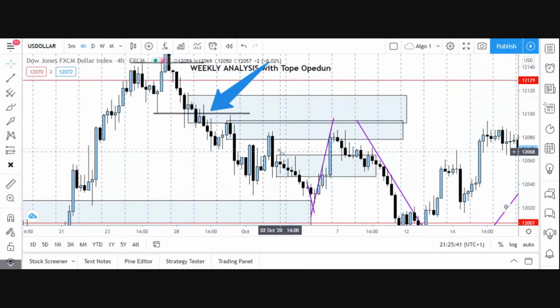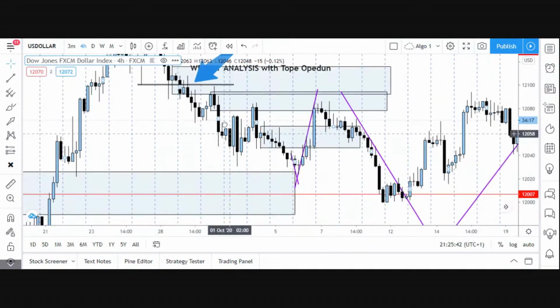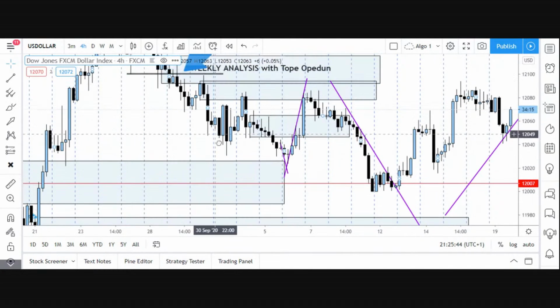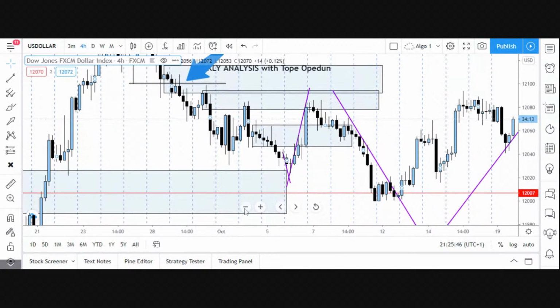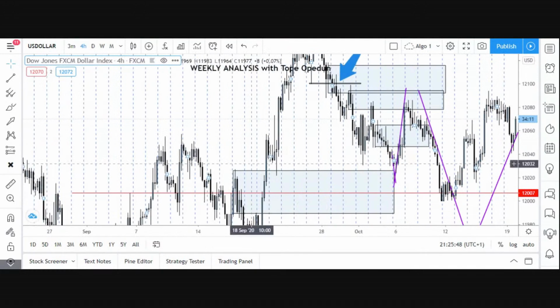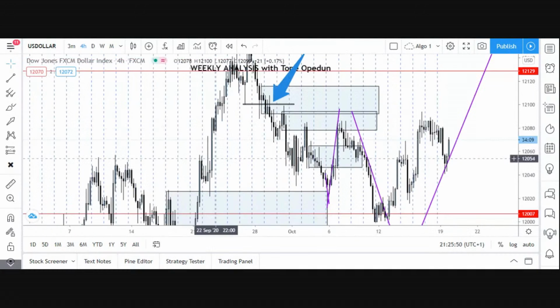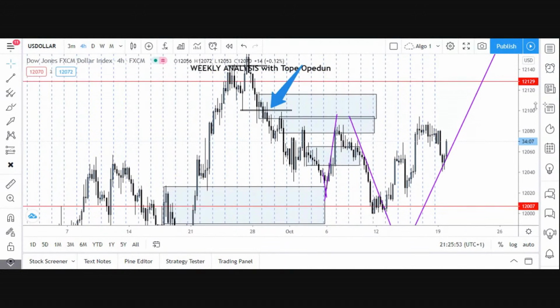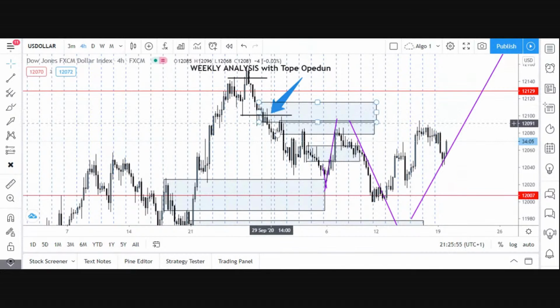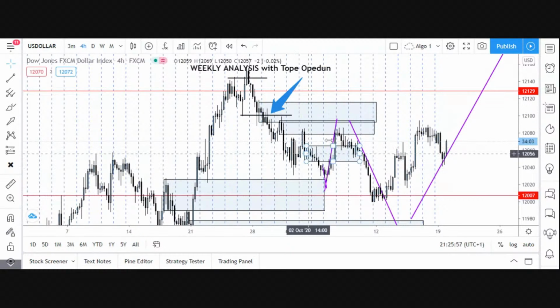As we're anticipating this move down on the US dollar, please zoom back out so we can see. We will be seeing a rally.